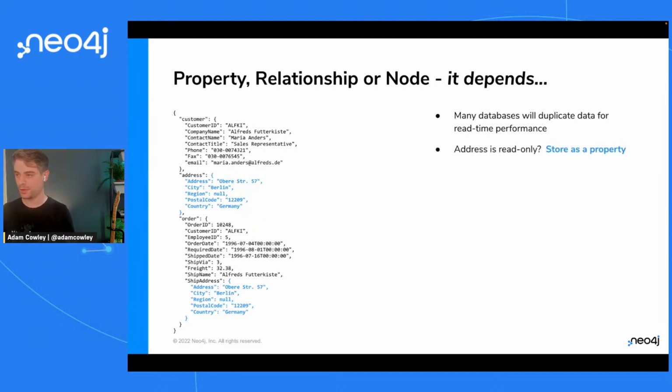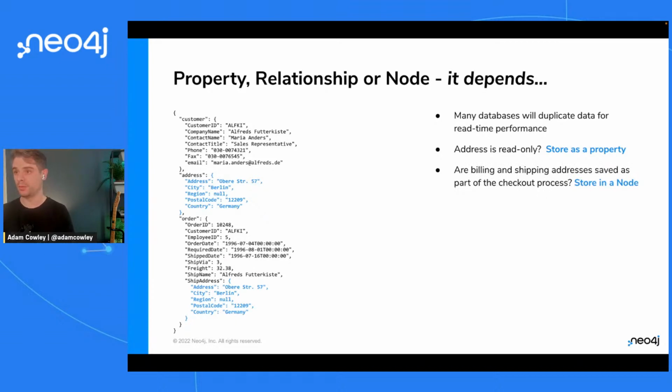Like I say, storage is cheap. So if you duplicate the data and your only purpose is to read that data back, then actually it makes sense just to keep that as a property. So this could be 5 individual properties for the address, the city, region, postal code, and country, or this could be an array of strings to represent the address.